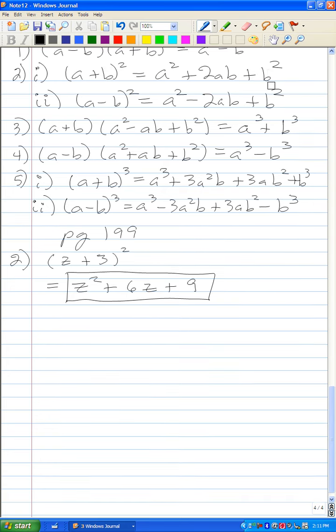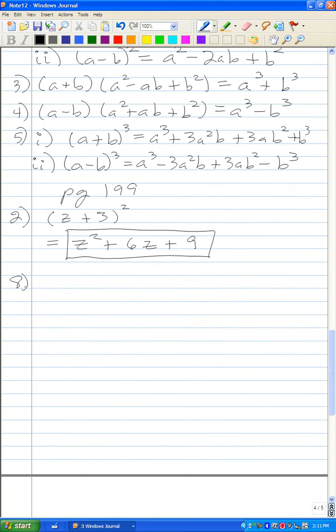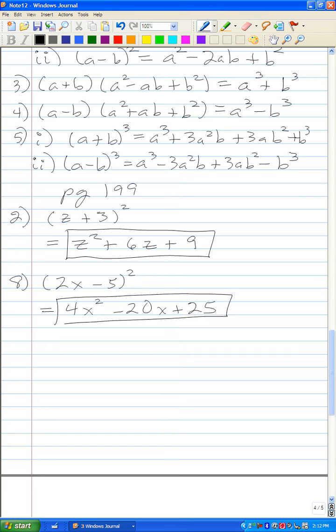Let me do problem number 8. Two x minus 5 quantity squared. 2x quantity squared is 4x squared. 2x times negative 5 is negative 10x, times 2 is negative 20x. Negative 5 squared is 25. And that is your answer.